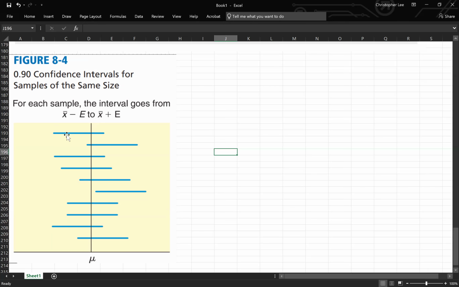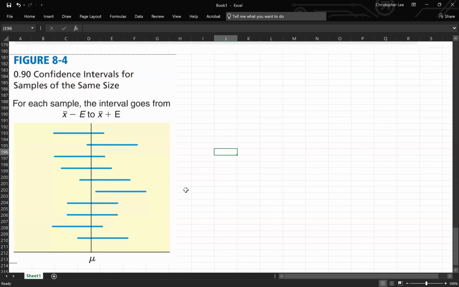Some samples have mu on one end, some on the other end. Some samples didn't even capture mu at all. All of that is possible. So yes, I am finding a confidence interval, but just know that there's a chance that the interval itself doesn't have the mean.